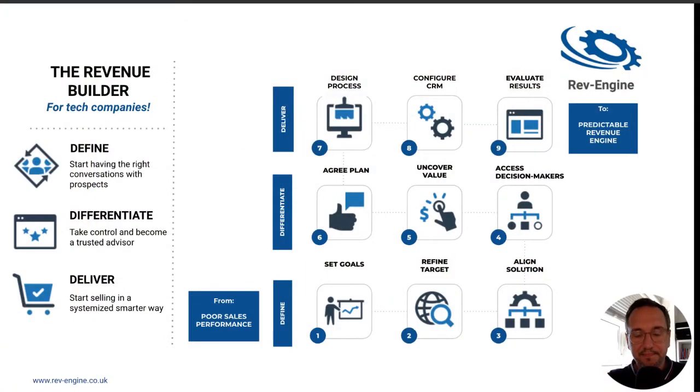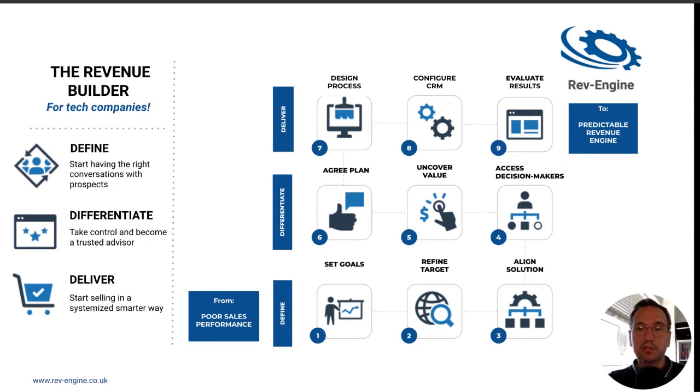Before we go there, I wanted to tell you about the context in which we're discussing this topic. As you probably know by now, we've built a 9-step program, having worked in technology sales for longer than I can remember, and having helped vendors grow and build high performance sales teams over the last 3 years.